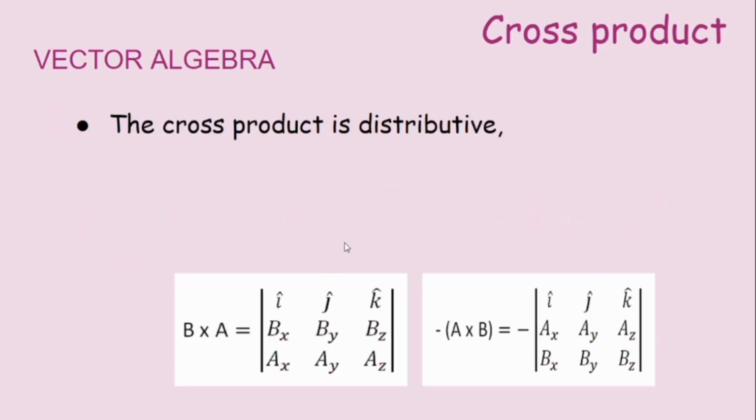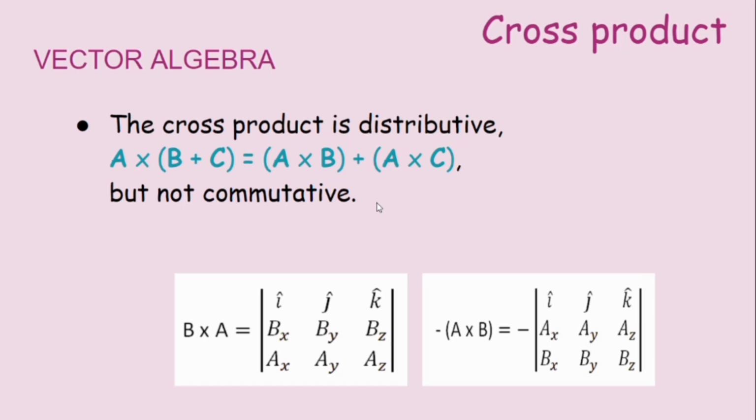Now the cross product is distributive. That means we can take the cross product of A with the sum B plus C, and we can also take the cross product of A with B and C separately and then sum up the products.